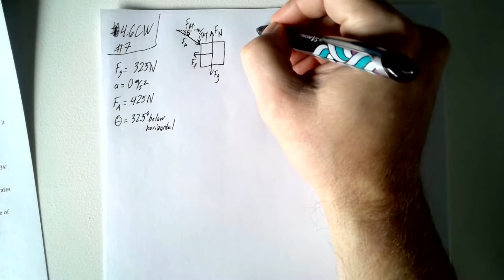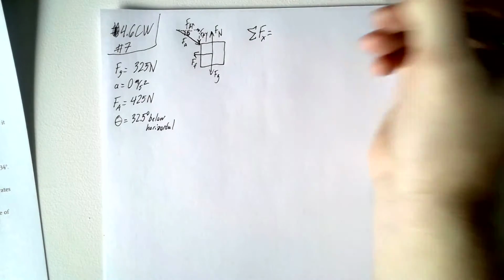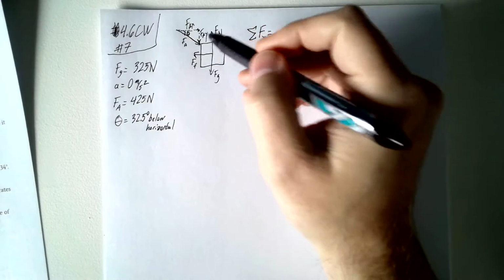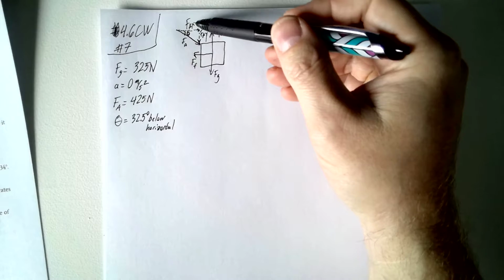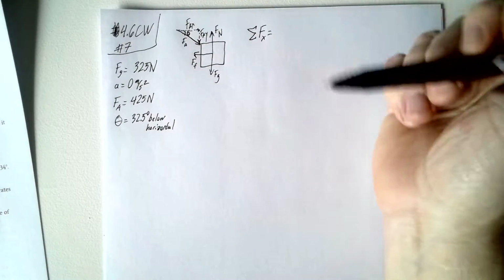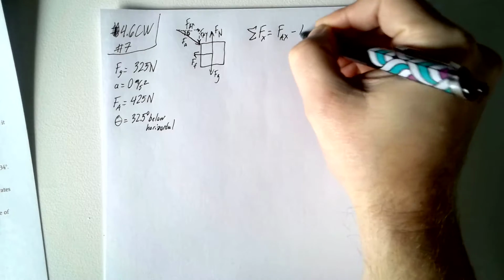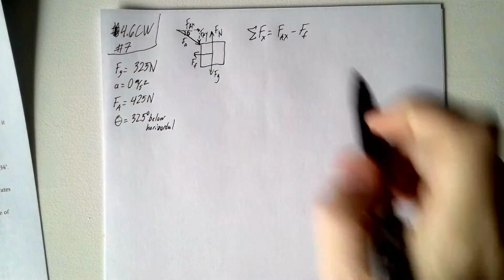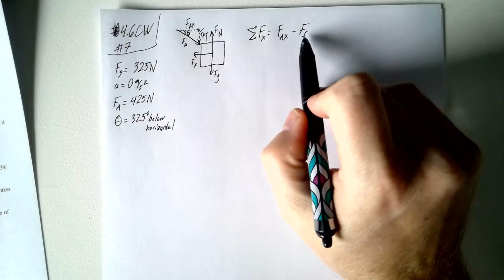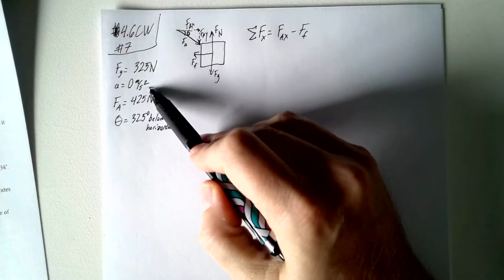Okay, so we're setting up our net force equations. In the x direction, the only forces we have are FAX and F of F. So in the x direction, FAX minus F of F equals 0 because we know we're at a constant velocity.